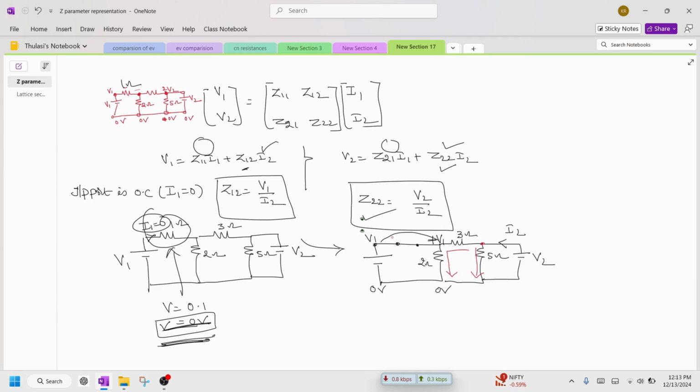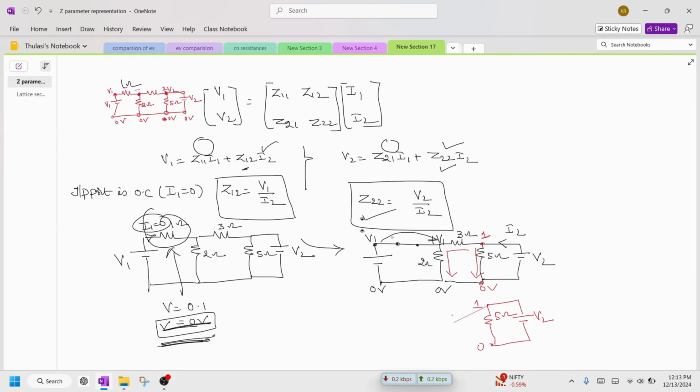So if you have any doubt, let's try to mark this node as 0 and this node as 0 volts. So now between 1 and 0, we are having one voltage source, and we are having one 5 ohm resistor. This is a 5 ohm resistor, and these are the two resistors.